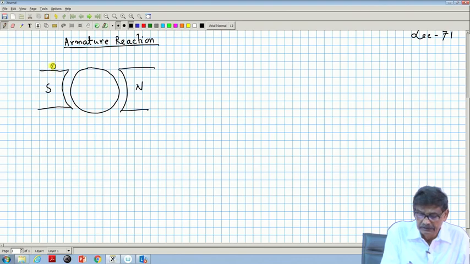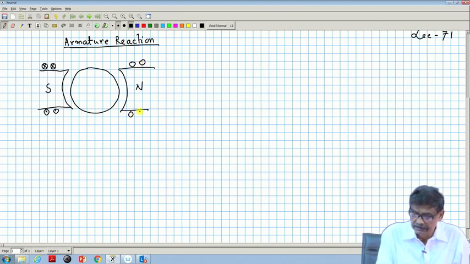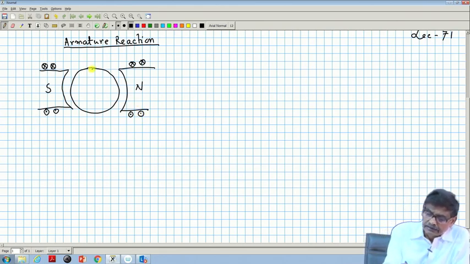This is the symbolic representation of the field coils, sectional view. These field coils will carry direct current called field current, with cross, cross and dot, dot, and they are connected in series.